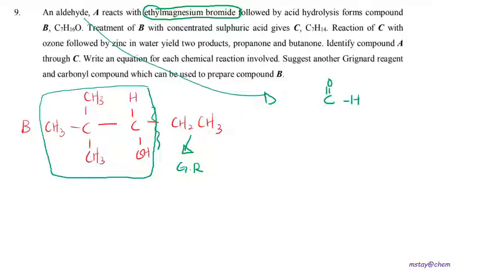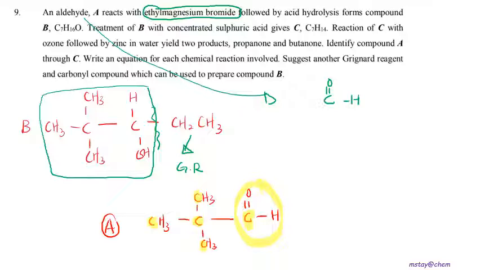For the structure A, we are going to maintain the alkyl group CH3, CH3, CH3, bonded to C double bond OH. When we check this carbon, there is 1 carbon, 2, 3, 4, and 5 carbon, and this is the aldehyde.